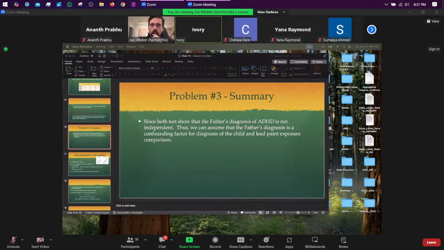I think my question is that, since we rejected the null hypothesis for both tests, that's what determines if it's a confounding factor, right? It has to be rejected in both cases. Yeah, it depends, because we did chi-squared. Chi-squared asks: are they independent of each other? So the null says they're independent.